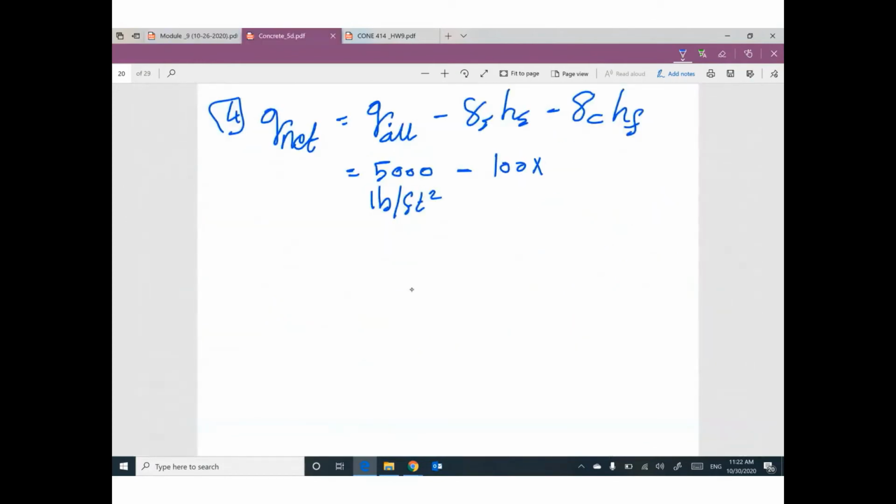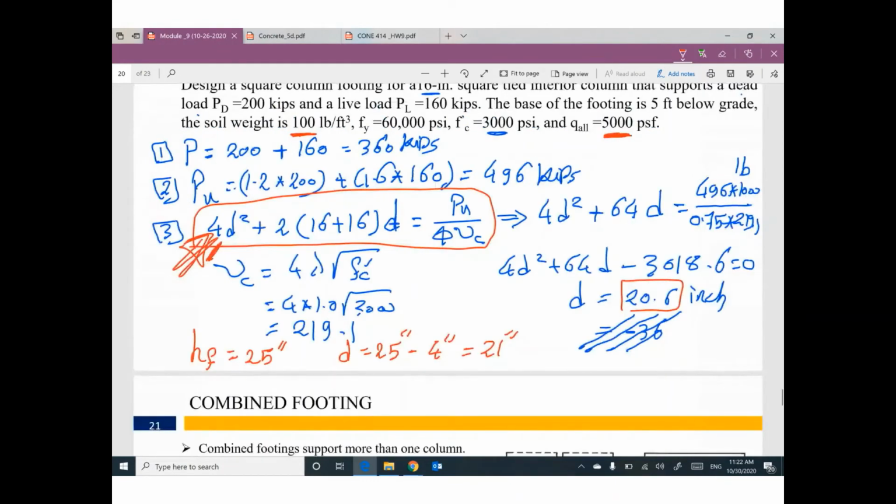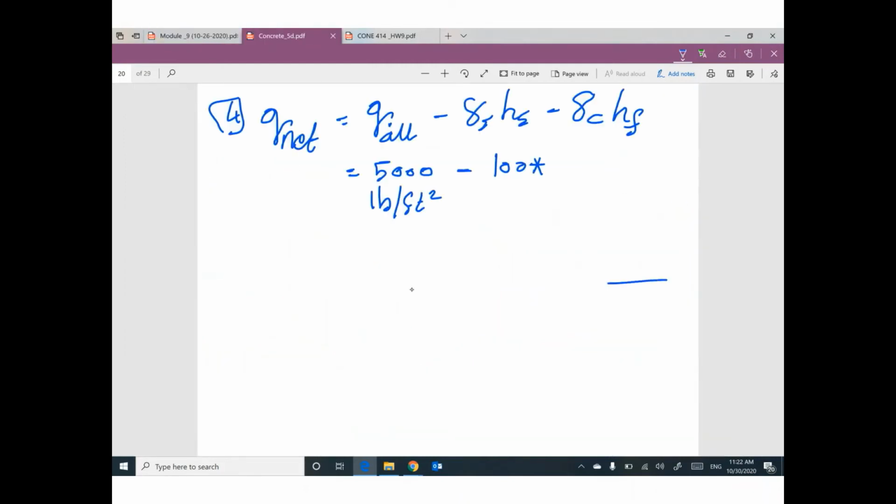H soil. What is the height of the soil? Please make sure the height of the soil is not 5. Guys, the height of the soil is not 5. We have excavation at depth 5 feet. Then I will construct my footing with thickness 25 inch.